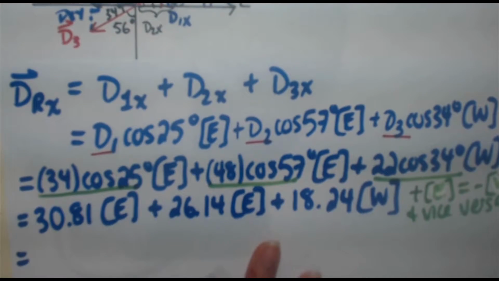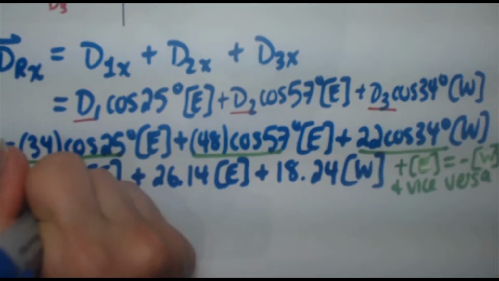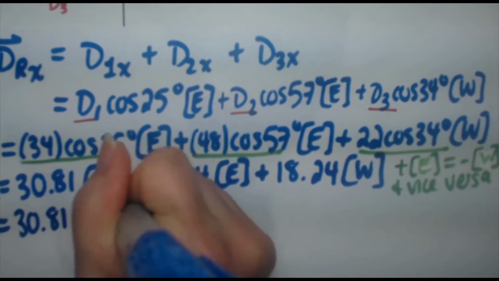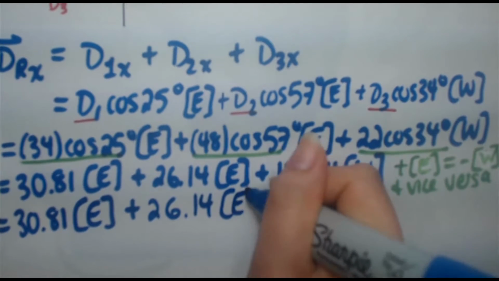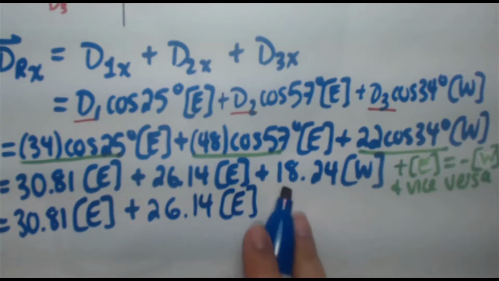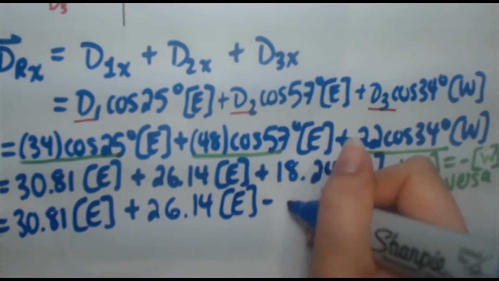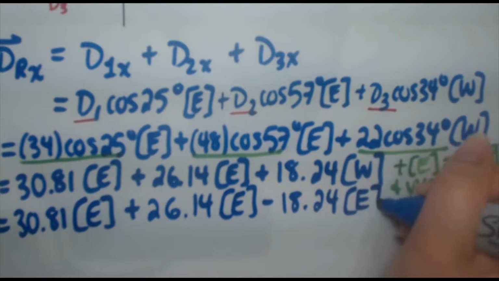All right, so let's move this up a bit more. 30.81 east plus 26.14 east. Now instead of plus 18.24 west, that's going to become minus 18.24 east. You're adding the negative, or in other words, you're subtracting.